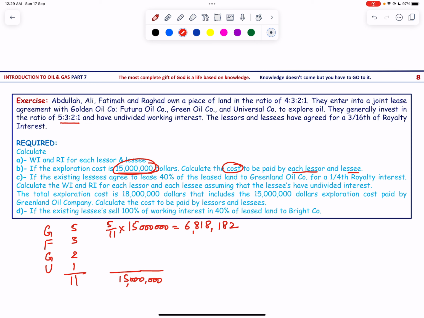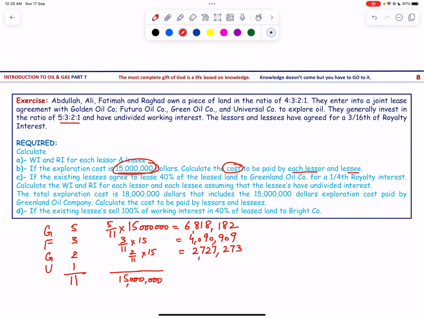For Futura, it will be 3 upon 11 of 15 million, and this will be equal to 4,090,909. For Green, this will be 2 upon 11 into 15, and this will be equal to 2,727,273.